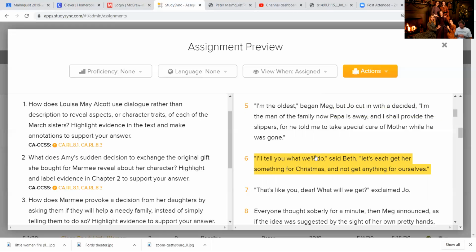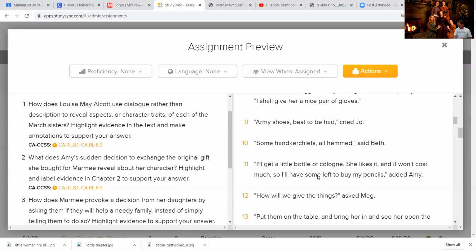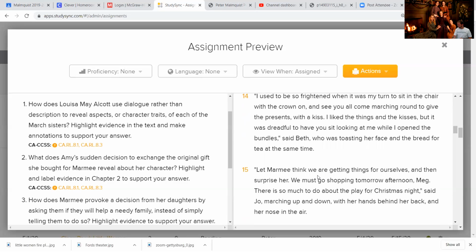All right, moving on, you guys, let's look at Jo. Jo takes charge, right? She has a take-charge attitude. That's going to come down to paragraph 15. Jo's talking down here. Jo's taking charge. She's a lot like a leader.